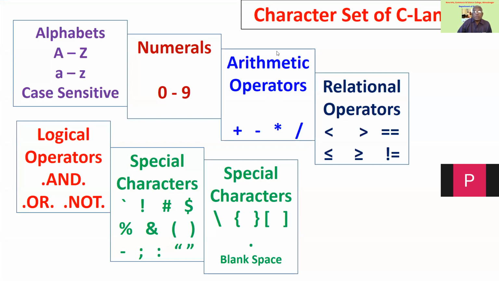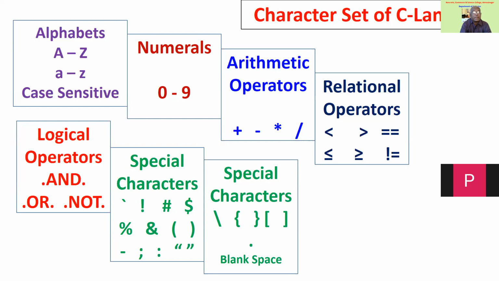In case of C language, the character set is varied because we don't want to do only communication. We want to do a lot of calculations. We want the output results in a well-defined proper format. That is why the character set of C language is quite wide.